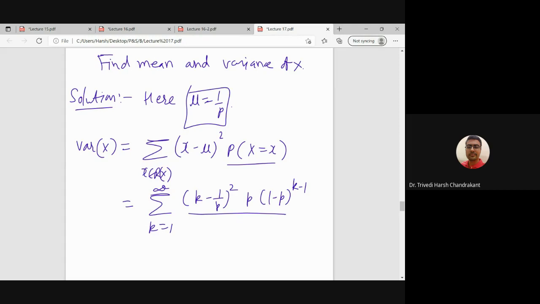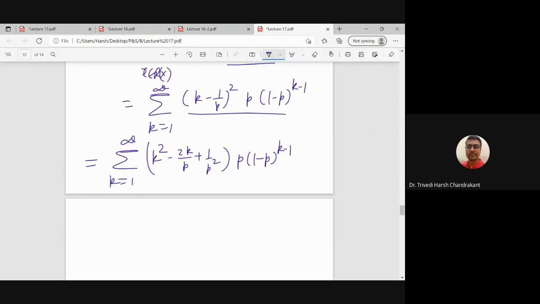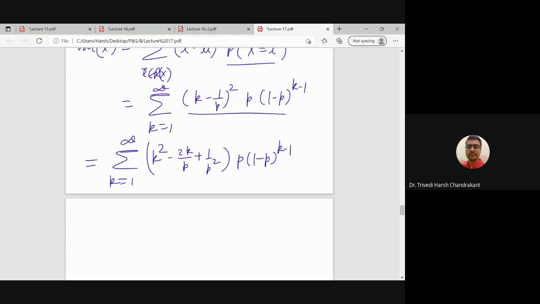So let us expand it and find the corresponding series. We get k square minus 2k by p, and then we have 1 by p square.